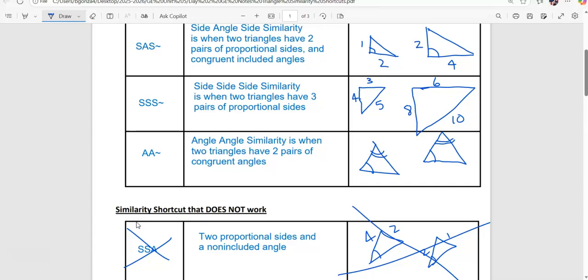I'm going to show you three similarity statements, one no similarity, and we'll be done.